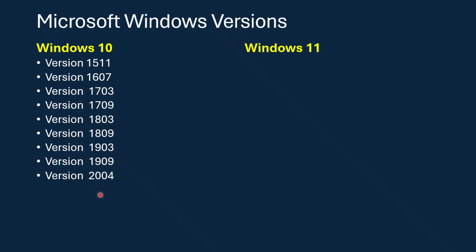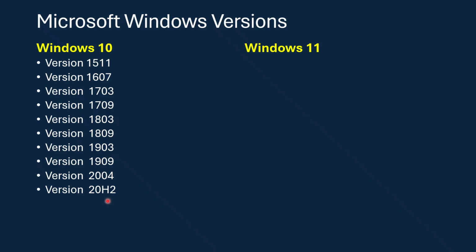Now, Microsoft decided from that version that in the version name they will not include the month, only the year. And for the month, they substitute either H1 or H2. H1 means this release was released in the first half of the year, and H2 means the second half of the year.